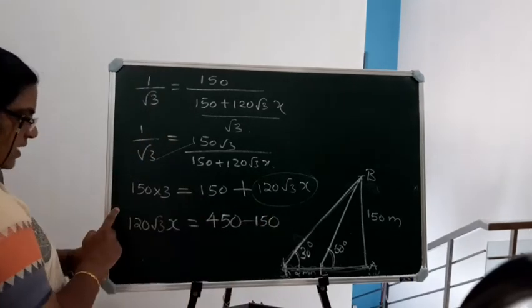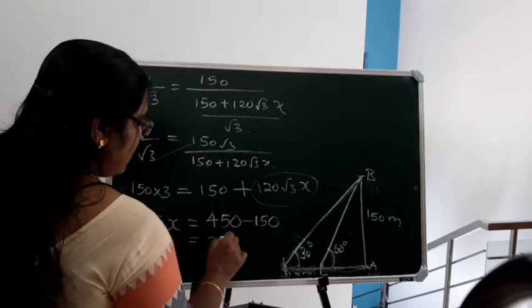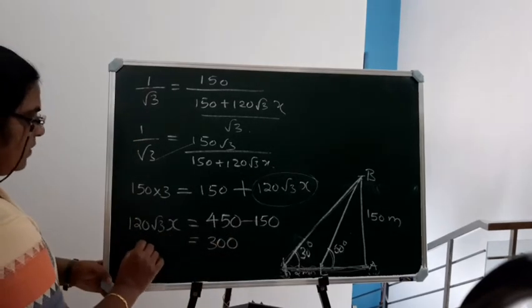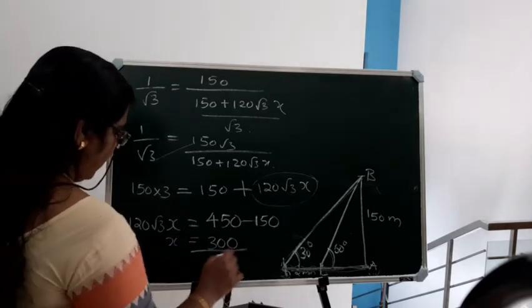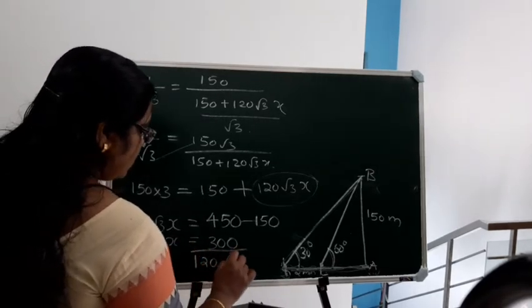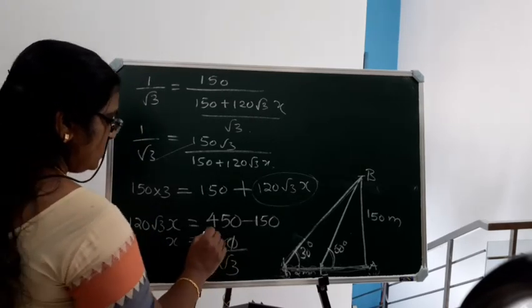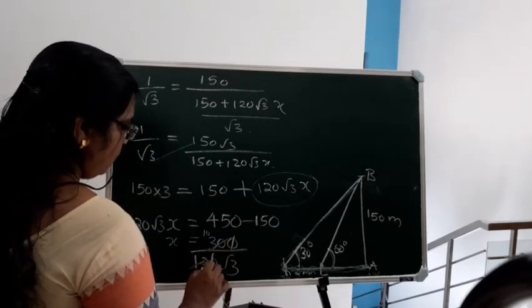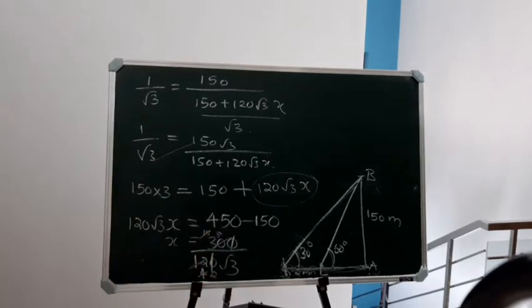That equals 300. Therefore x is equal to 300 divided by 120 root 3. Dividing by 3 gives 10 and 4, again by 2, 5 divided by 2 root 3. So x is 5 by 2 root 3.